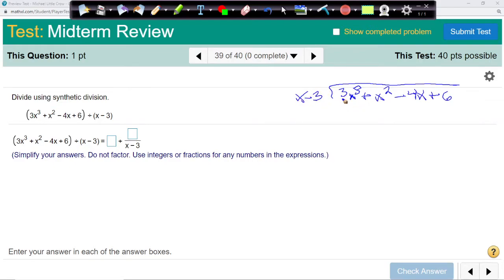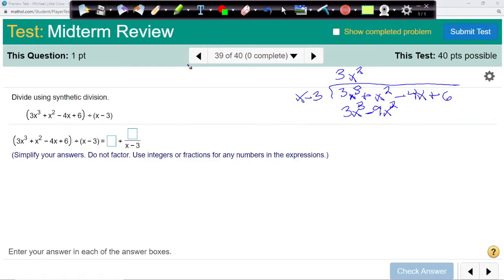So what times x gives us 3x cubed? Well, that's going to be 3x squared. 3x squared times x gives us 3x cubed. And then 3x squared times negative 3 is going to give us negative 9x squared.